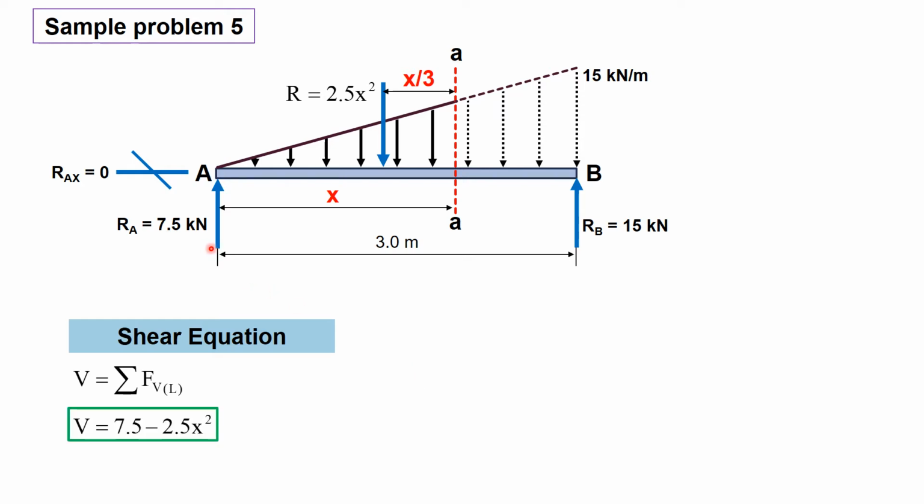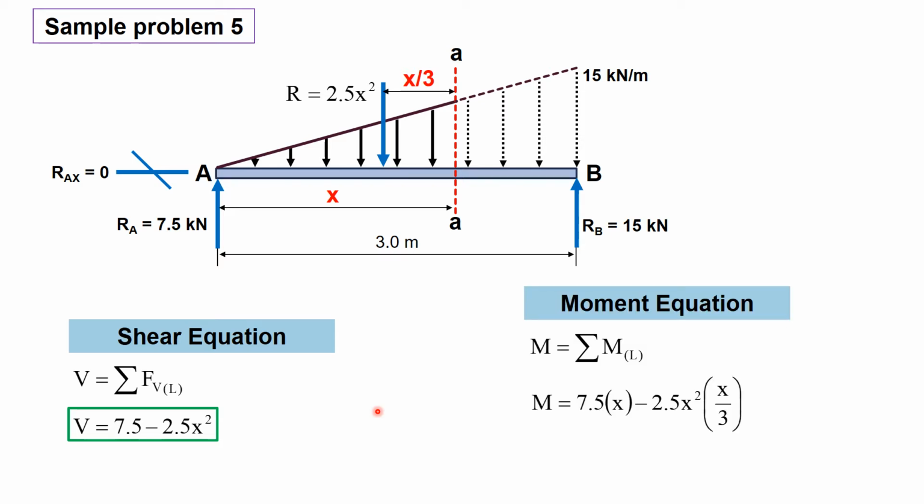So we have upward 7.5 positive, and then minus 2.5x squared. And for the moment equation, we have 7.5 by x, this is clockwise, and this is counterclockwise. So that's minus 2.5x squared by this distance x over 3. And simplifying, we have 7.5x minus 2.5x cubed over 3.